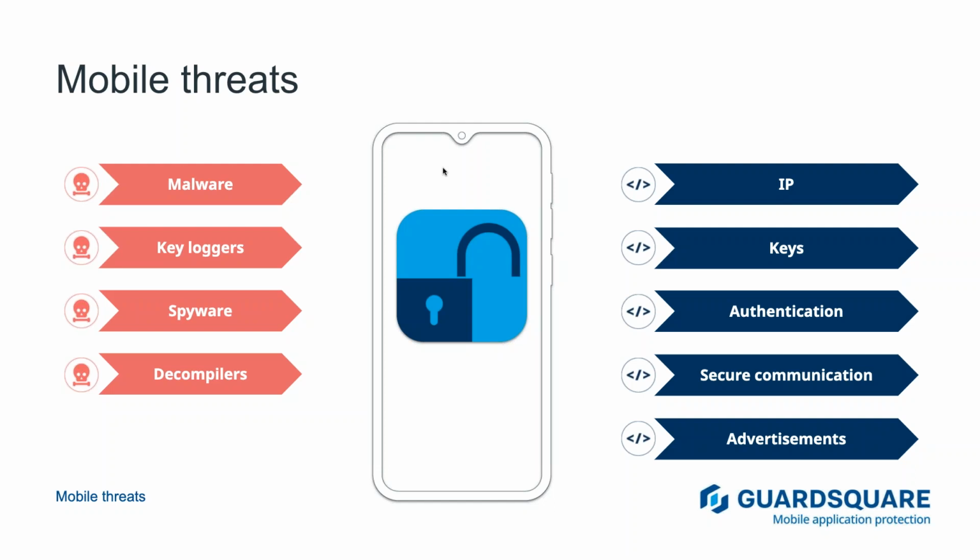Also keys, for example, cryptographic keys, passwords for databases, API keys, and so on, can be something a malicious user wishes to steal. The next important part to harden is the authentication mechanisms, if it's applicable, as well as the secure communication between the app and the backend. Also, the advertisements are important to protect.